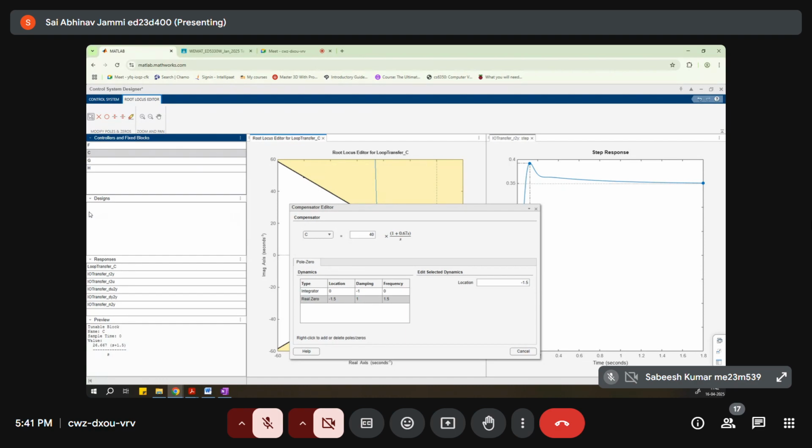So the purpose of the integrator is to remove the steady state error.